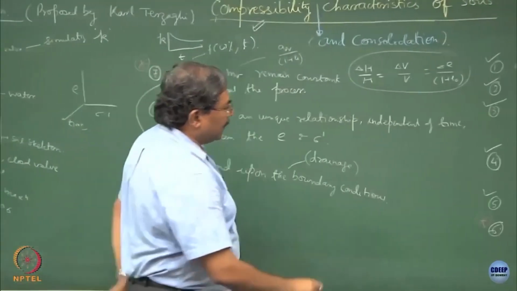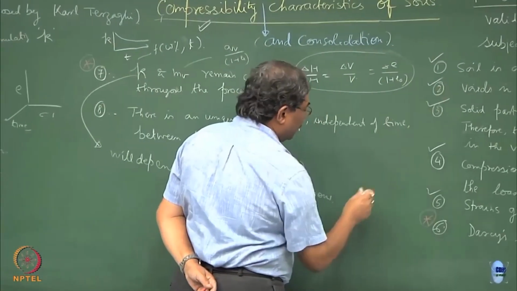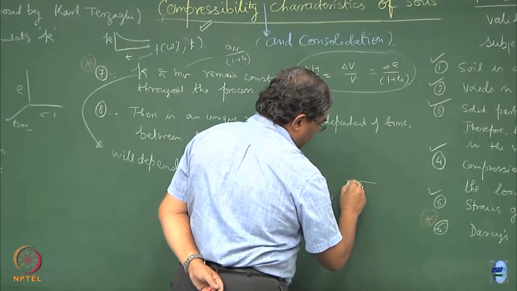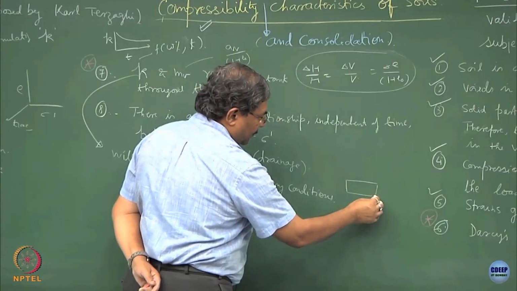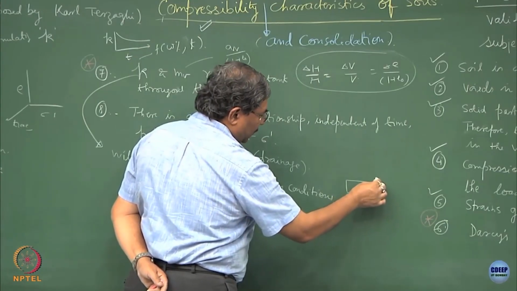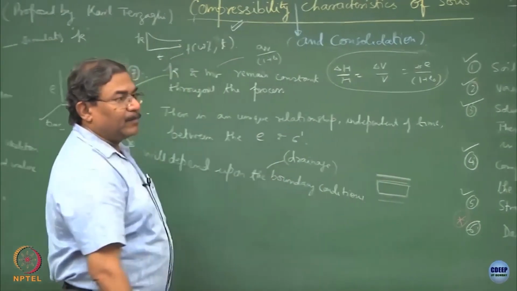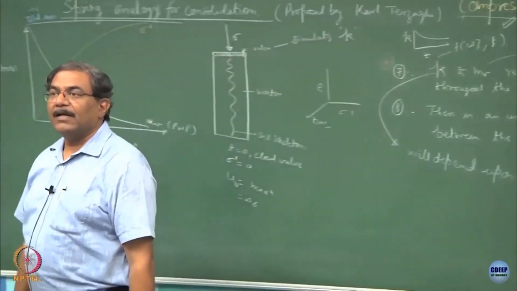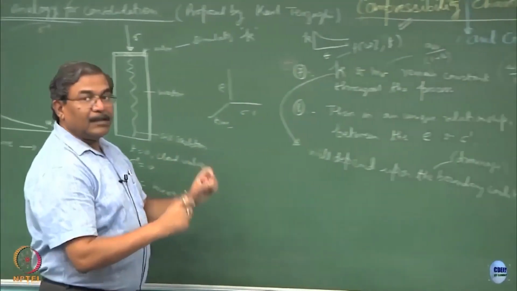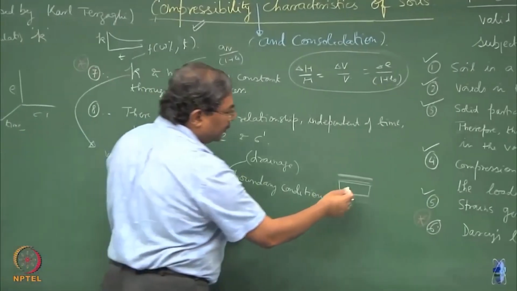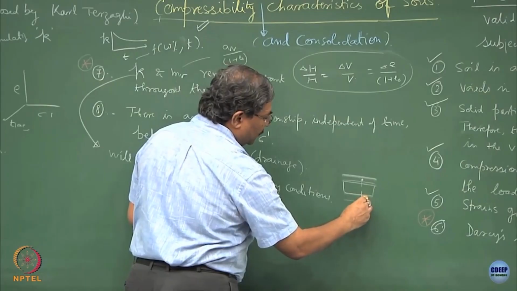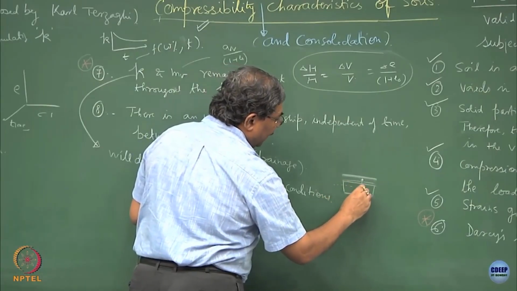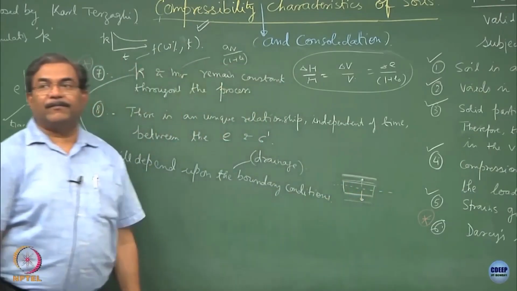I hope you must have realized when we were discussing today's consolidation test, I had intentionally put 2 porous stones on the top and bottom of the specimen. That means I am forcing the drainage of pore water pressure to take place in this porous stone and in this porous stone, as if there is a line of symmetry along this point.